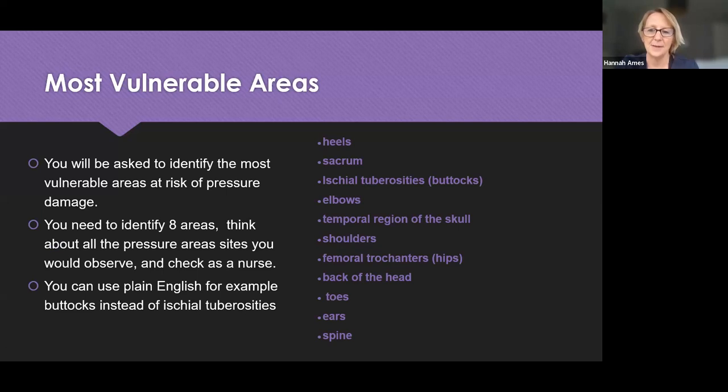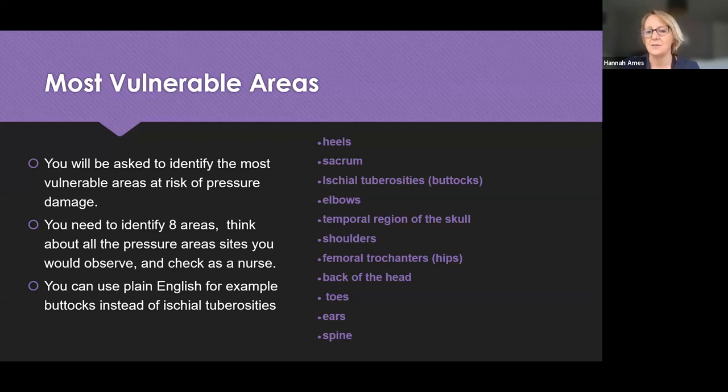And I would do this bit at the end, because if you are tight on time, you can very quickly write out your answers. But if you are rushed for time, it is quite difficult to read that scenario and do your scoring correctly. So do your scoring first and then go on to your other 2 questions. You will be asked to identify the most vulnerable areas at risk of pressure damage, and you need 8. So just think about all those areas that we would naturally assess as a nurse when we're moving a patient.